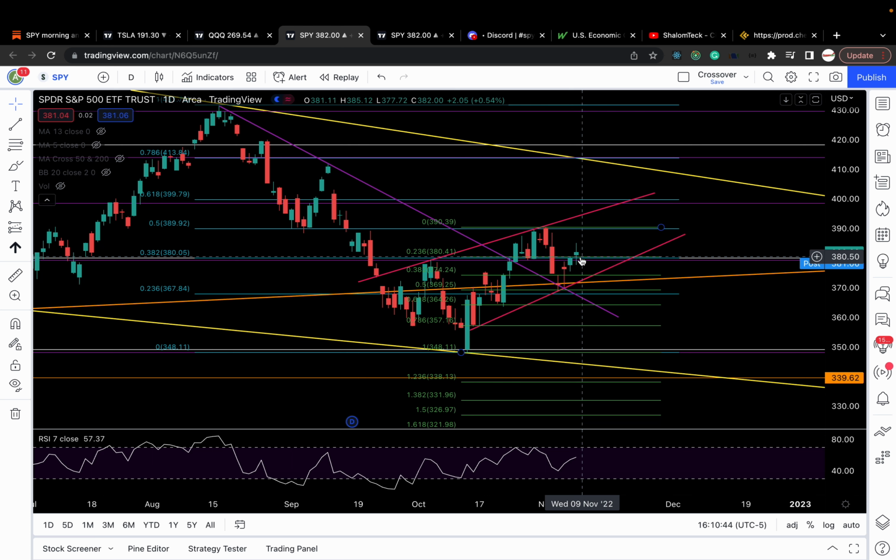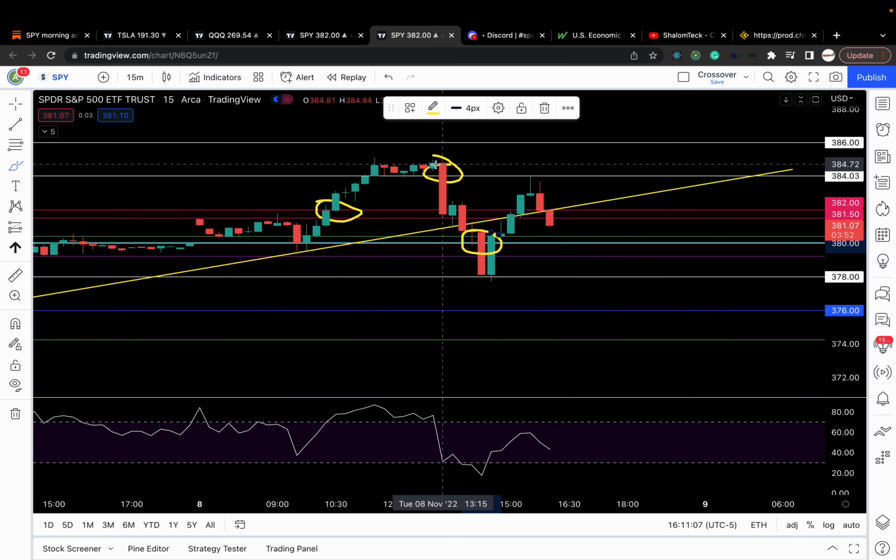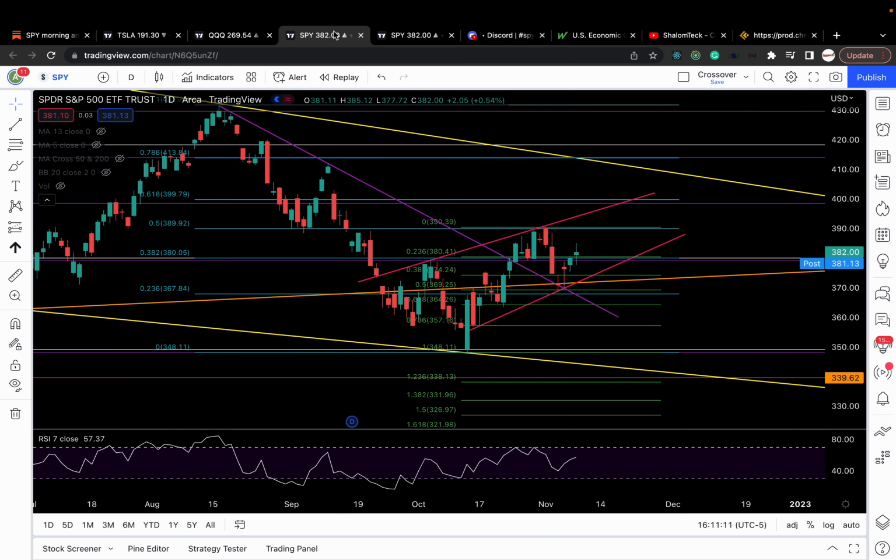So the 380 to 380.4 zone must hold tomorrow. If it does not hold tomorrow, then today was a false breakout based on the daily chart. We just trade based on the setups. That's the bearish case scenario, very simple. We cleared 380. If it breaks back below, very similar to this setup right here, that's a false breakout setup, and we possibly see more downside.